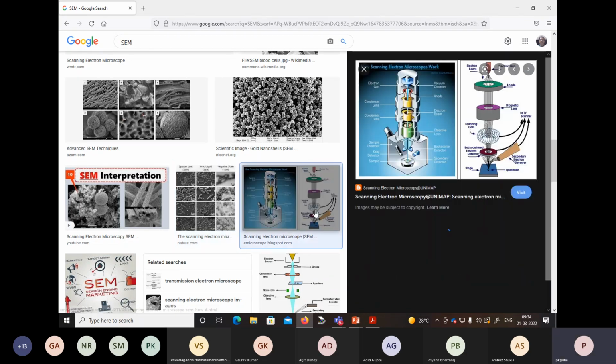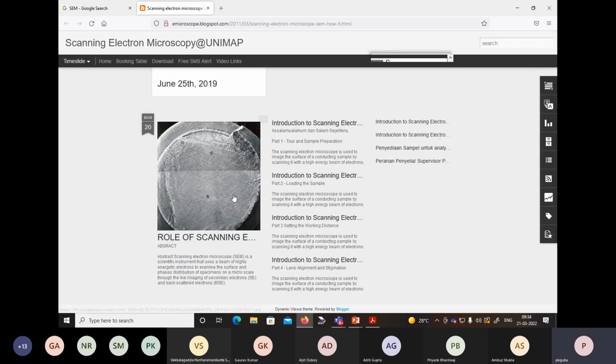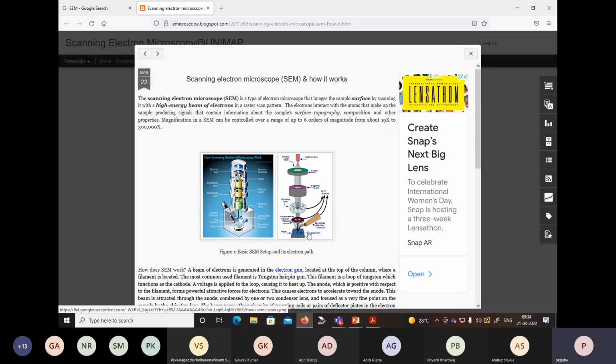So this is one schematic I just found. You see this circular purple thing is the backscattered electron detector, whereas this orangish thing is the secondary electron detector.